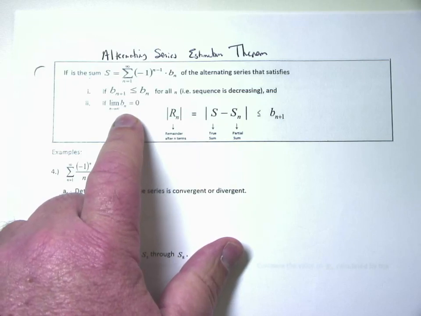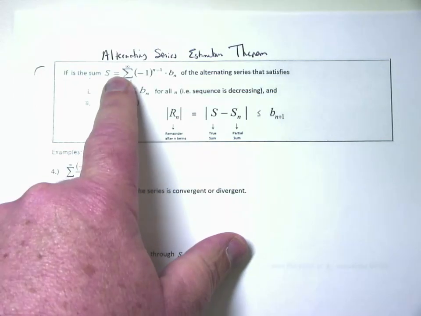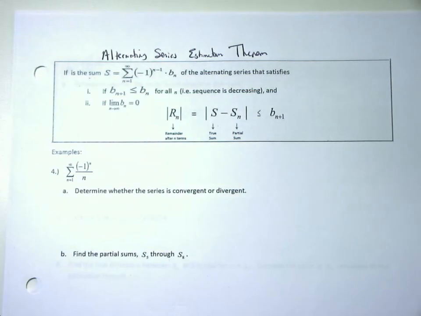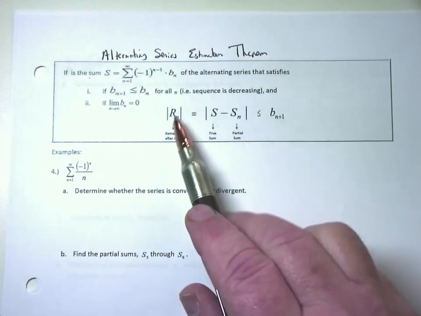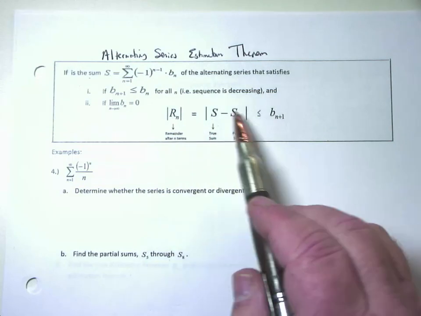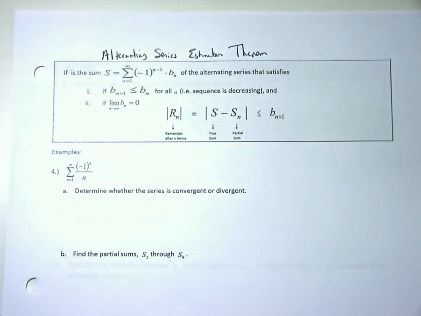By the alternating series test, this series is going to converge. So if you've got a convergent alternating series, then here's the deal. The absolute value of Rn, which is the absolute value of S minus Sn, is less than or equal to Bn plus 1.